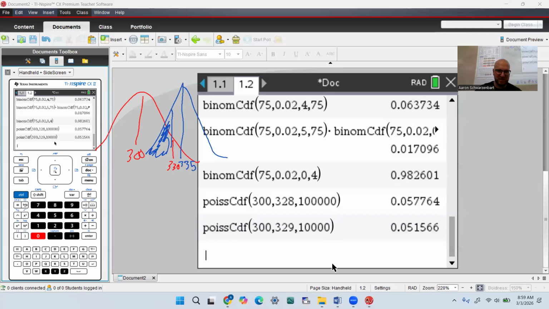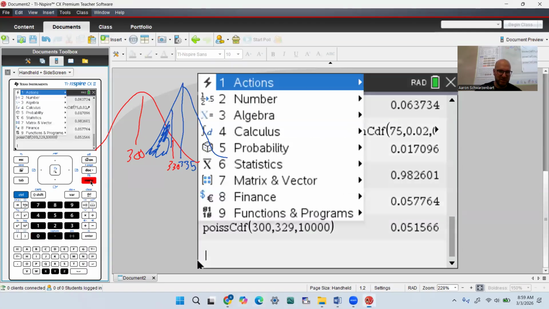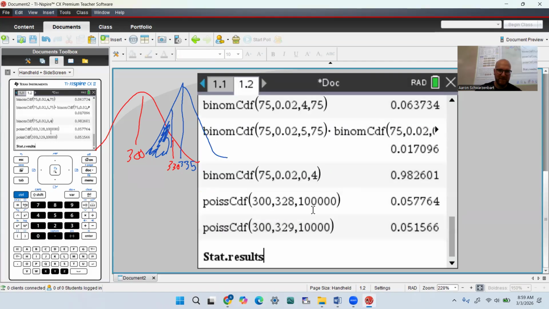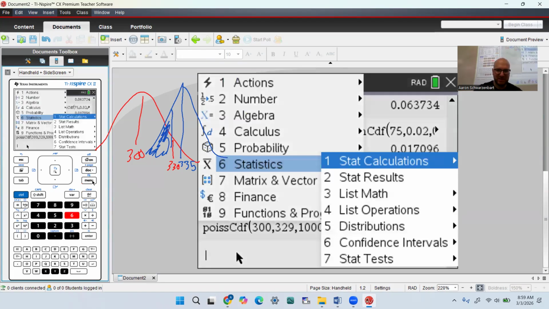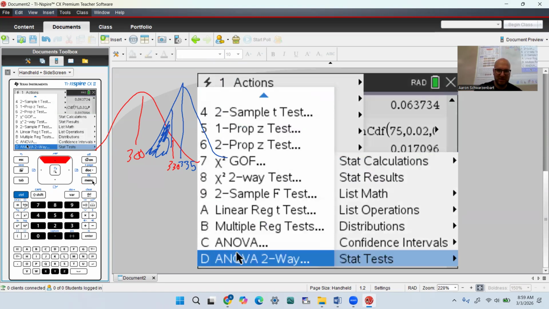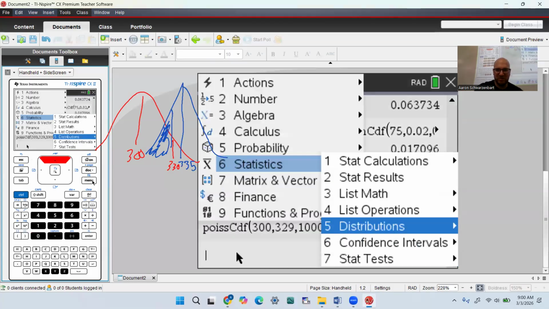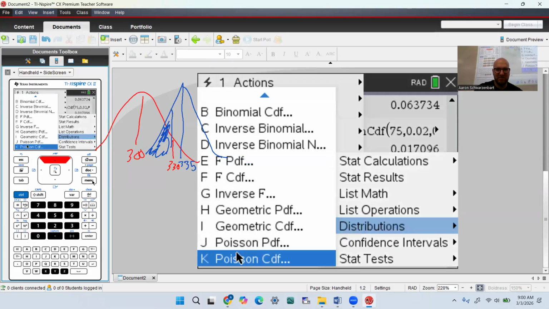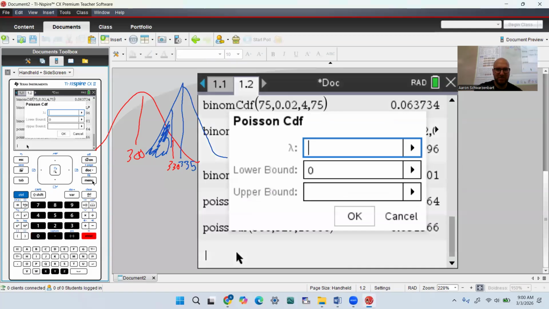A little quick sketch. So I'll do my Poisson CDF. Oh, no, I need to do distributions, not tests. My new mean value is 335.